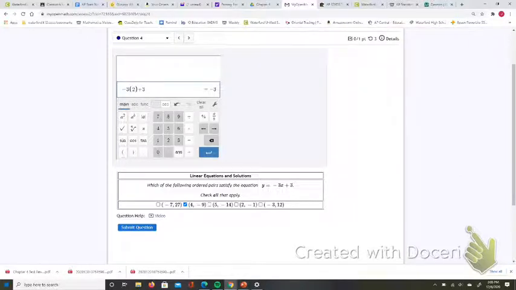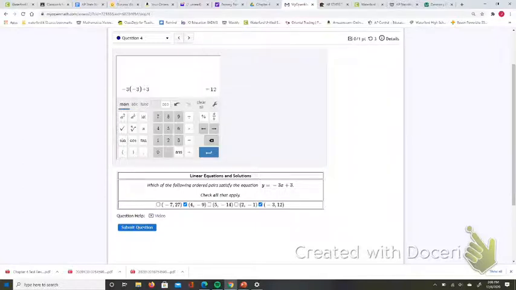So I go to my last point, and my x is negative 3. So I backspace over my 2, I type negative 3, and the answer in the calculator says 12. And then I go look here, and what do you know? It is 12, so I click it.